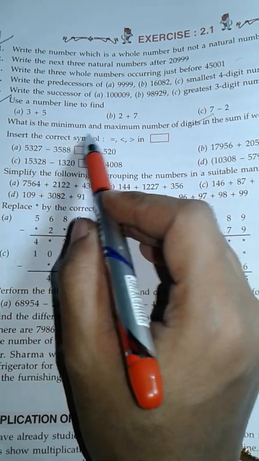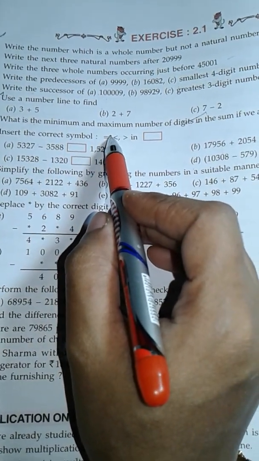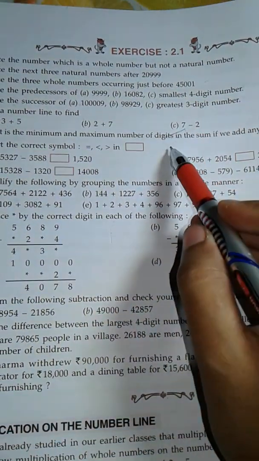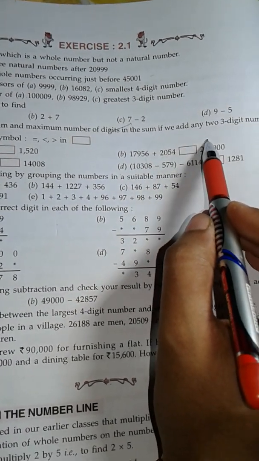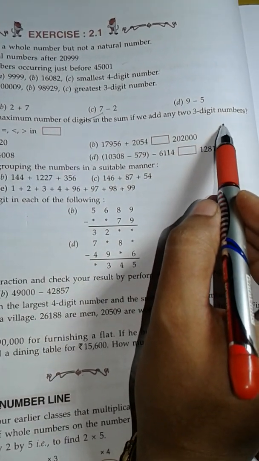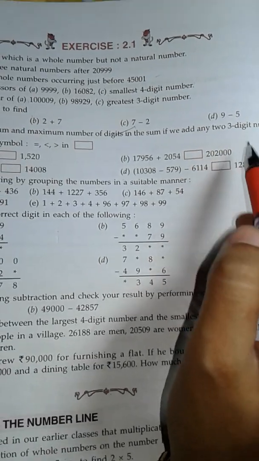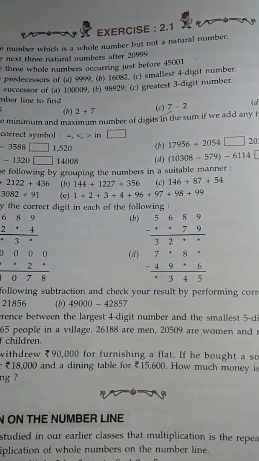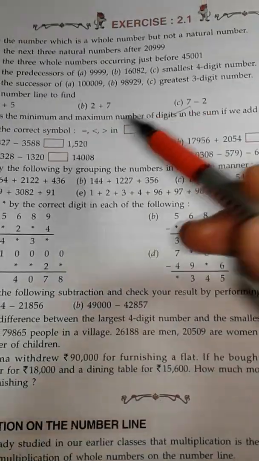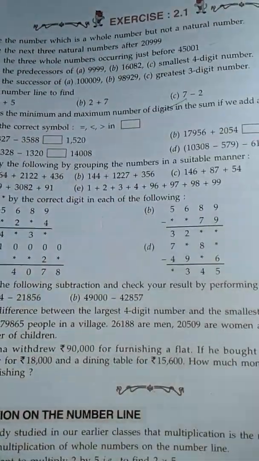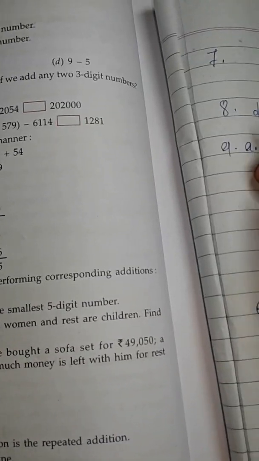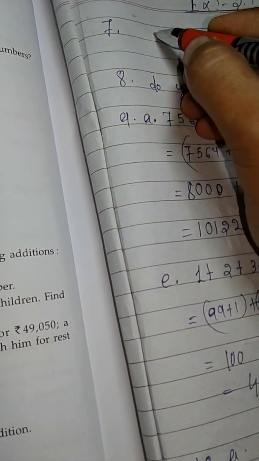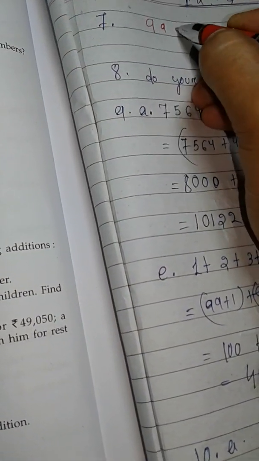What is the minimum and maximum number of digits in the sum if we add any 2 three-digit numbers? Here the question is minimum and maximum. First we see the maximum number. If you take any 3 digits, that means maximum, no?